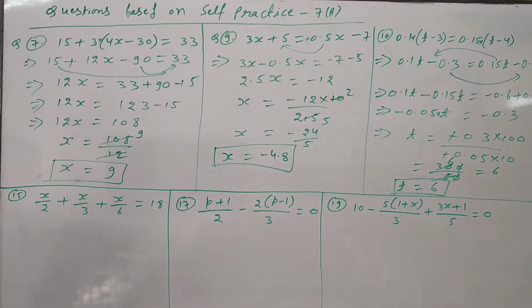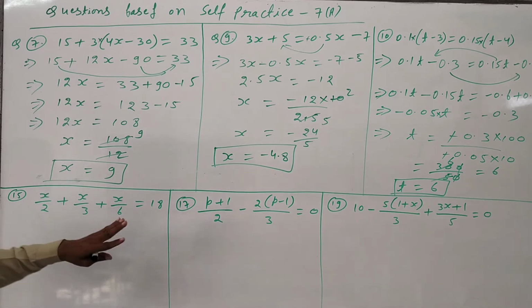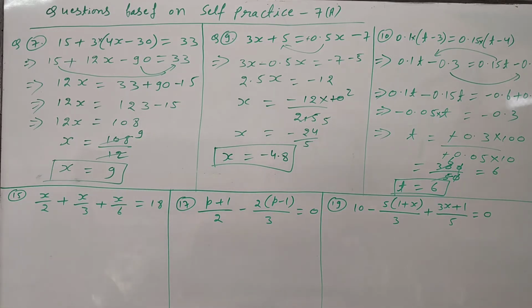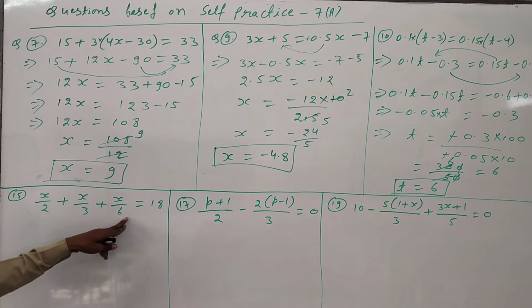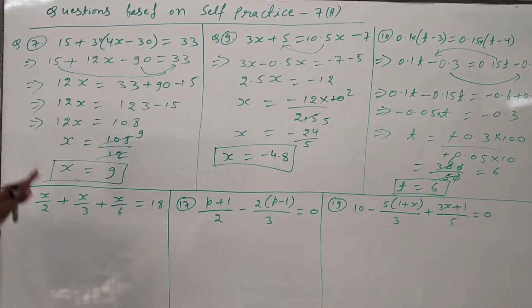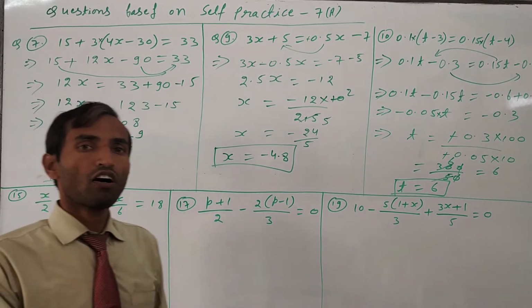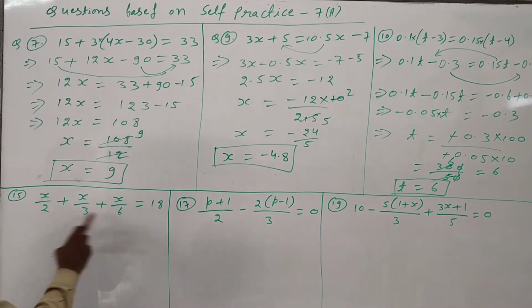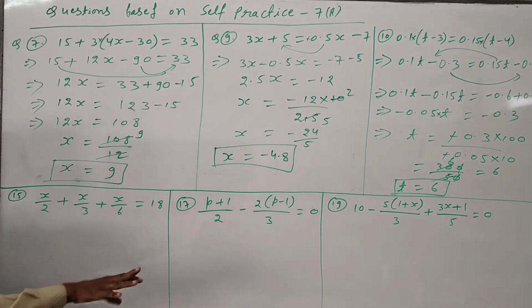Now question number 15 we have to solve. Here fractions are given in each part, just see here, and the denominators are different, and here the adding sign and an integer are there. No worry about this, just take the LCM of these and add. Just as we add algebraic expressions, adding like terms, just like this we have to add, because all three are like terms because the variables are the same.